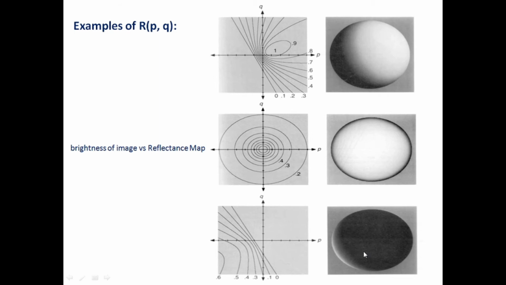Coming to the darker sphere, I can assume that more darker pixels are present. Because of the shading effect, my iso contour will be in the third quadrant of the pq space, like this. For different intensity values, at every pixel I may not have the same intensity, so at every pixel I may have a different R of p comma q value.